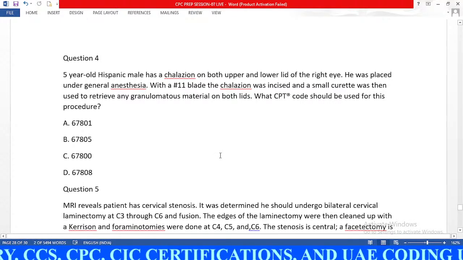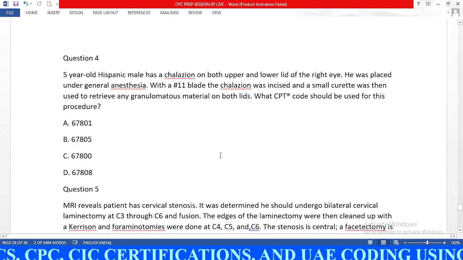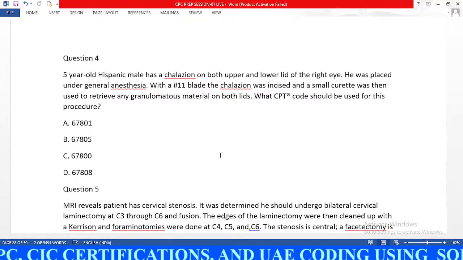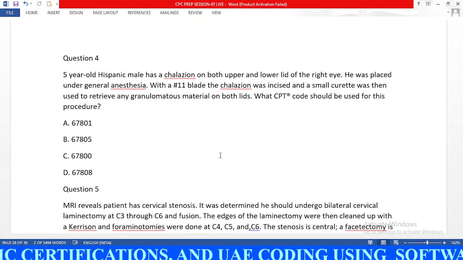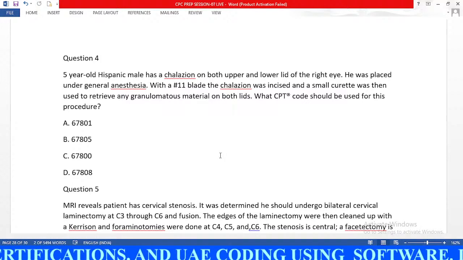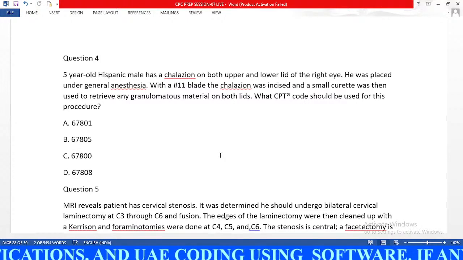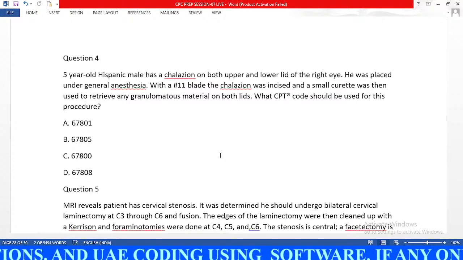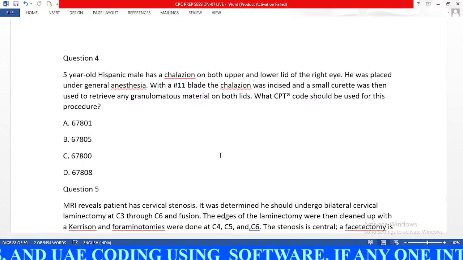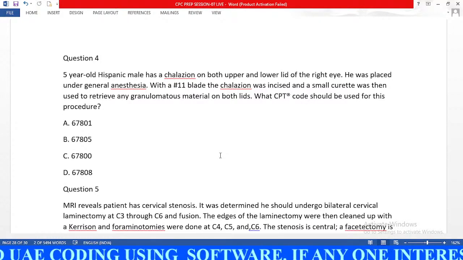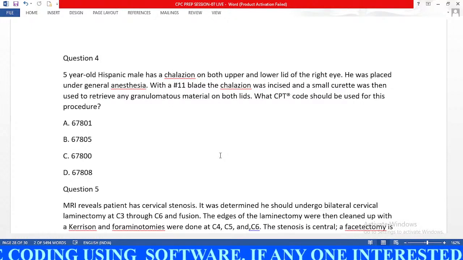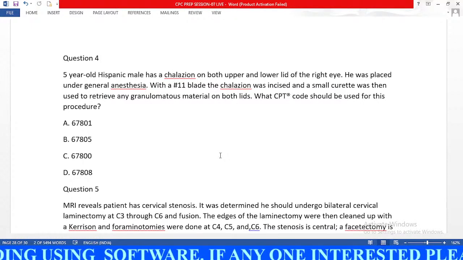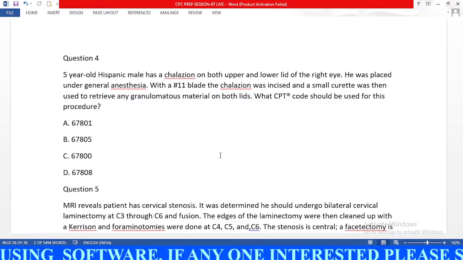Then you can compare your thinking with our code description. Basically, a chalazion is like a pimple-type thing on the eyelids.